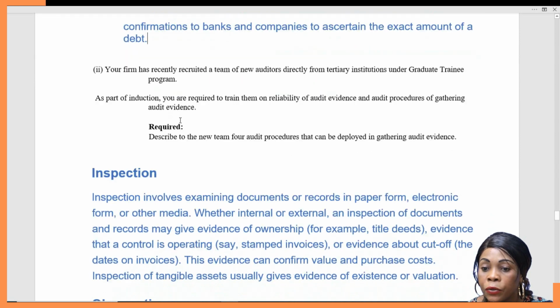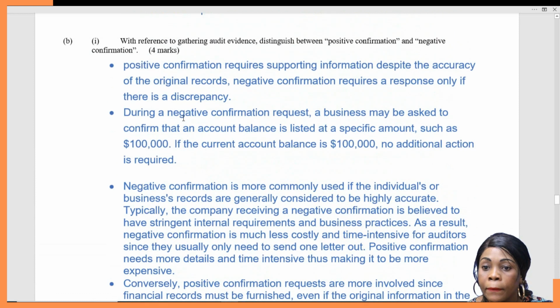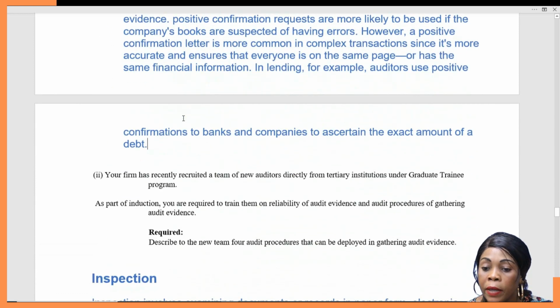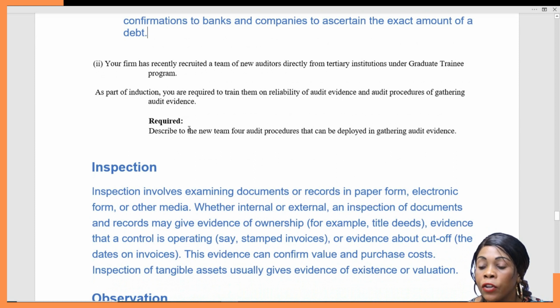Let's go to part 2 of question 4B. Your firm has recently recruited a team of new auditors directly from tertiary institutions under a graduate trainee program.